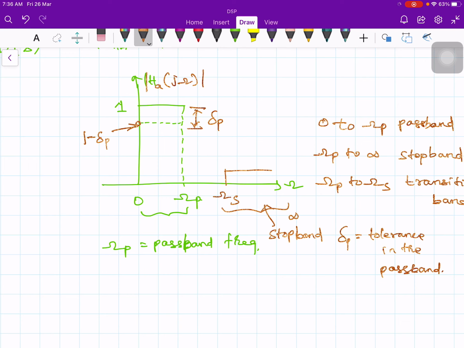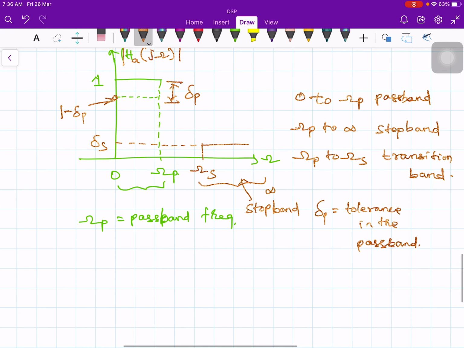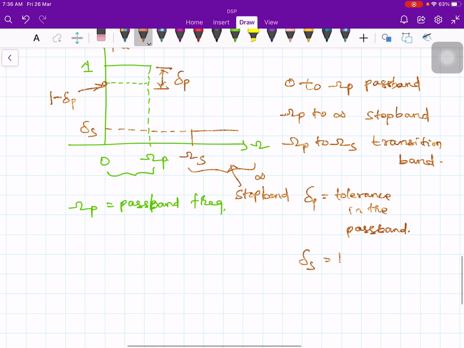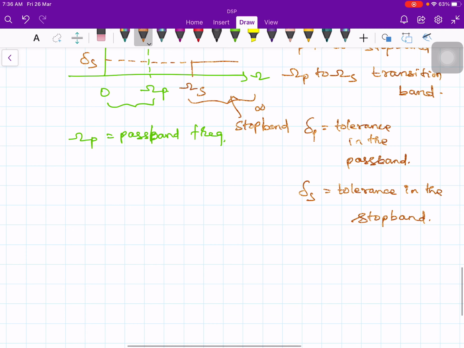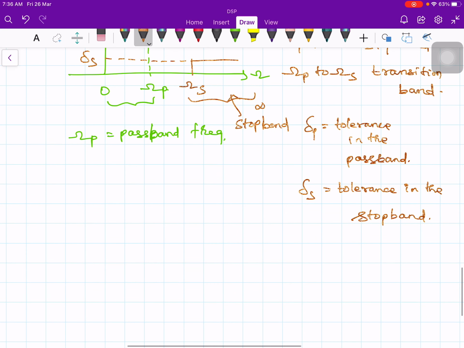Similarly, we do have tolerance in the stop band. This is delta s, the tolerance in the stop band.